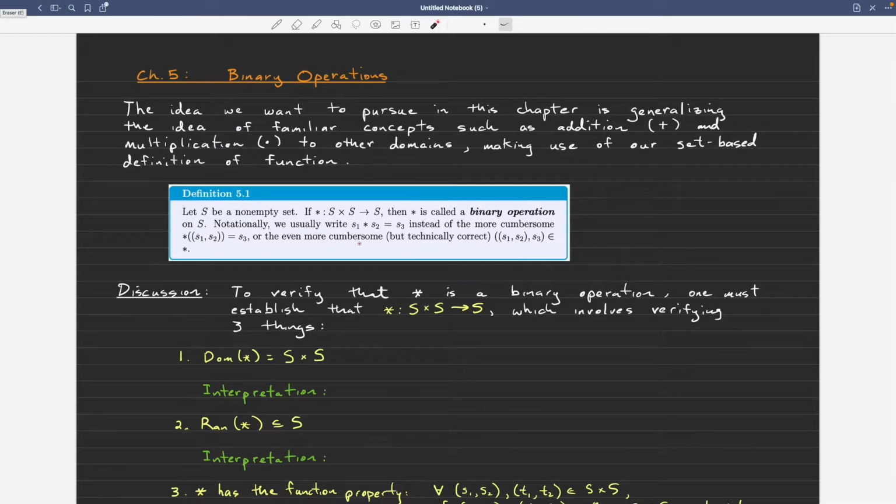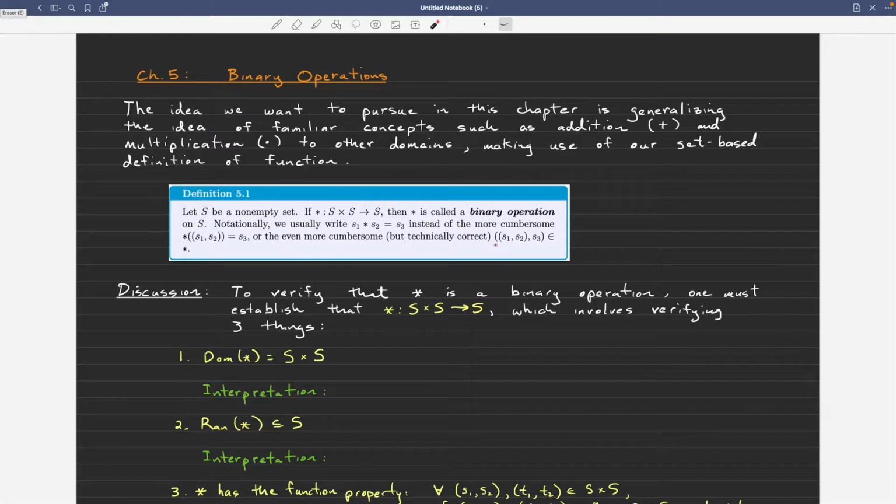Whenever we want to put an ordered pair into this function, we usually write it this way. S1 star S2 indicates that we're plugging the ordered pair S1 comma S2 into the function star, which would be represented by this notation here. So that's what's really going on when we do S1 star S2. We're plugging the ordered pair S1 comma S2 into the function that we call star, and then S3 is the output value. But we usually just write that this way because it mimics how we write addition or multiplication, right?